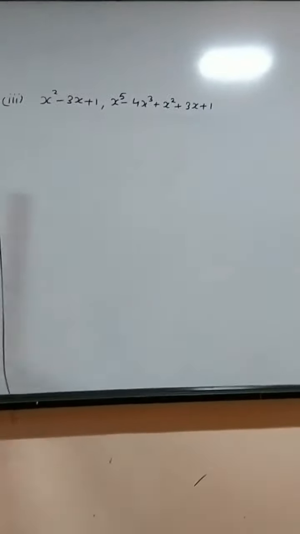Therefore, x minus root 5 by 3 and x plus root 5 by 3 are factors of Px. Now apply the identity: a minus b, a plus b is a square minus b square.